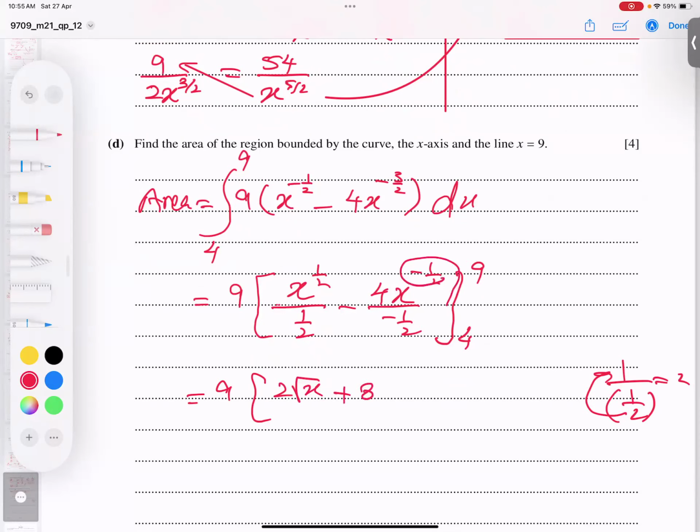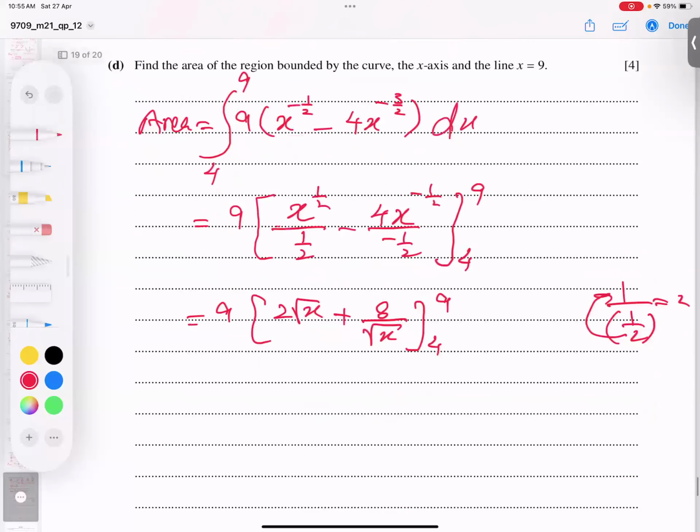And this negative half goes in the denominator. It becomes the root of this one. So this way the chance of mistake reduces. And you type in the calculator, I'm going to type, so 9 to 936, okay, because the root of 9 is 3. And ultimately, if we check in the calculator, yeah, it is coming 6 units square.